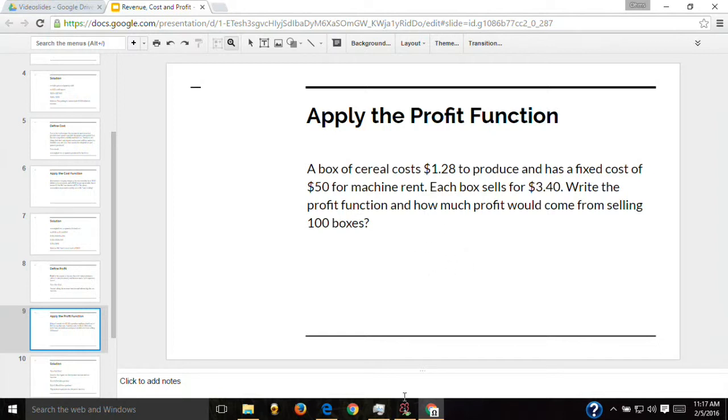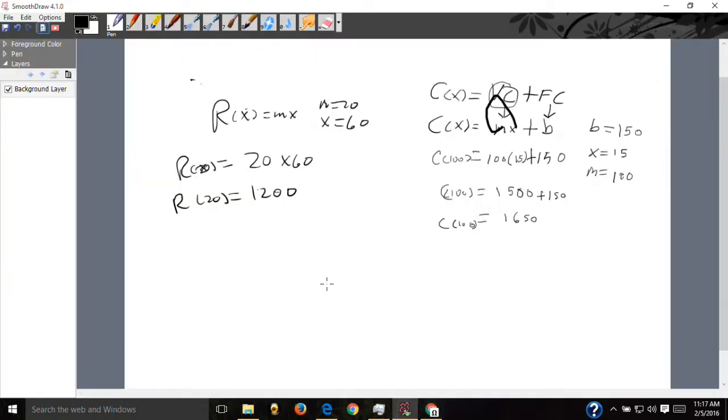I need to first find, okay, on my drawing board, I'm going to put in right here, so P of X is equal to R of X minus C of X. And I'm going to put this in big parentheses because this is saying this whole function, whatever it's going to be, okay? So, first things first, I got to figure out what the revenue function was.